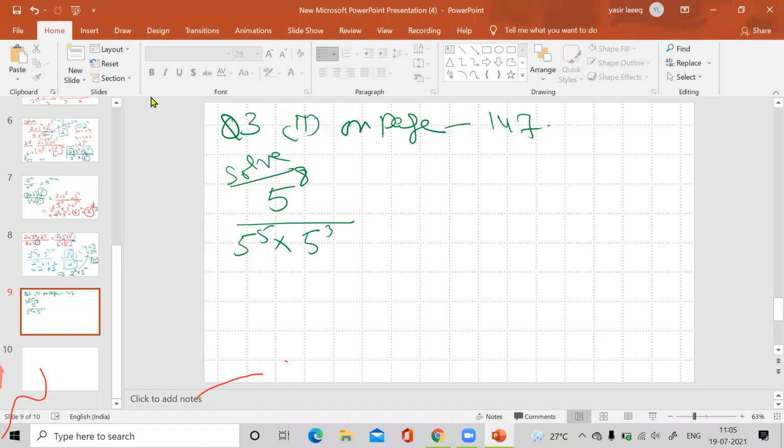Beta, question third part second. Just write down complete steps. It is very easy.